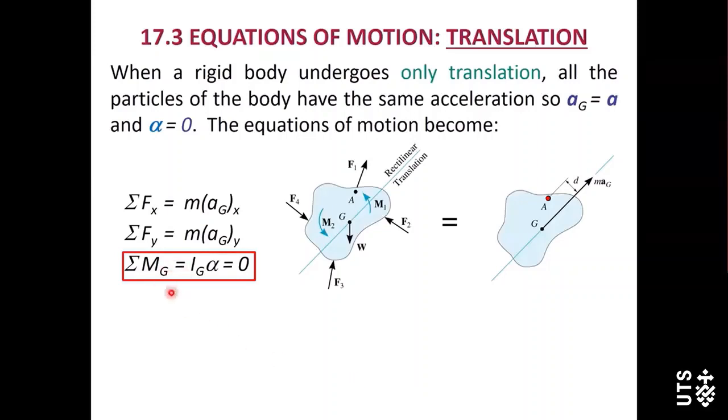If mass center point G is selected, then it must be 0. Why? Because we know the resultant moments about point G must be equal to I_G alpha. But here, this is a translation, so alpha is 0, so it must be 0.